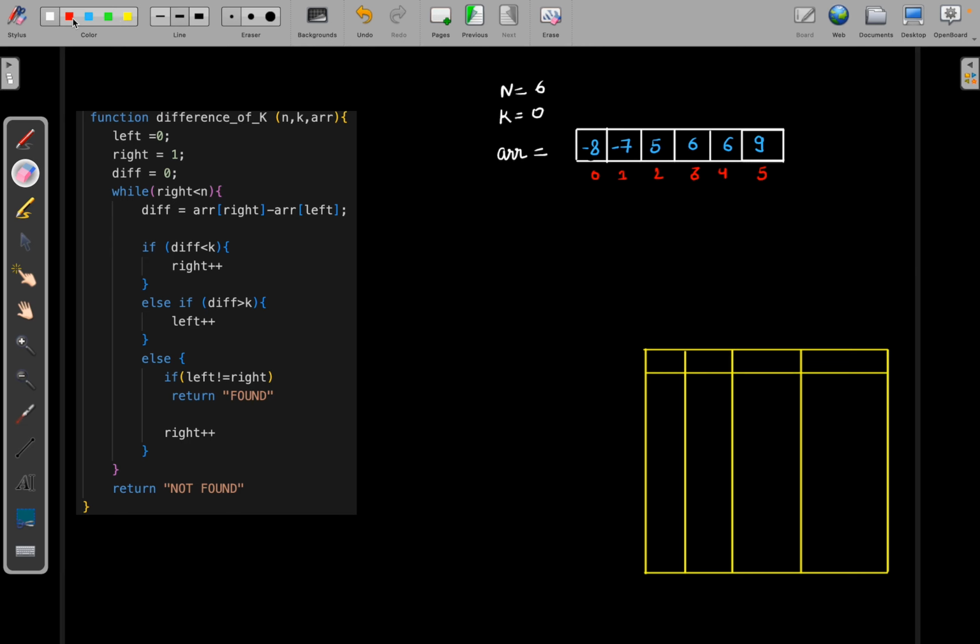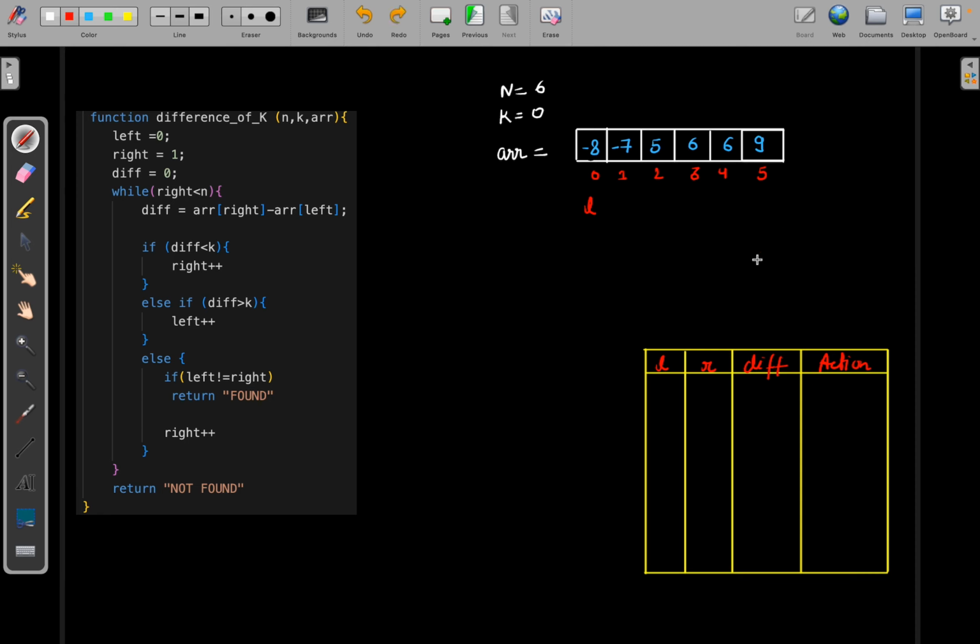start. So I will use L pointer here, and I will use R pointer. So L, R, I will take the difference and then we will see the action. Okay, let me tell you what will be our difference.